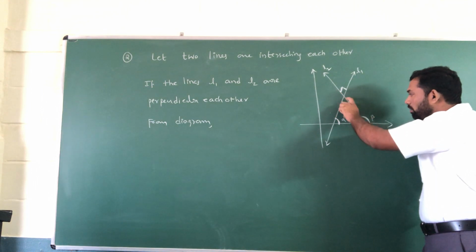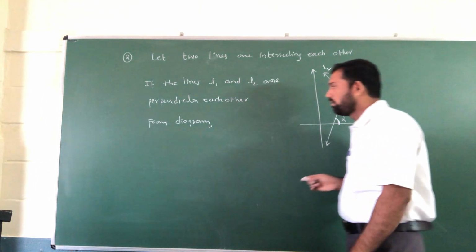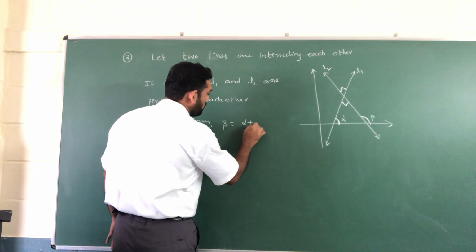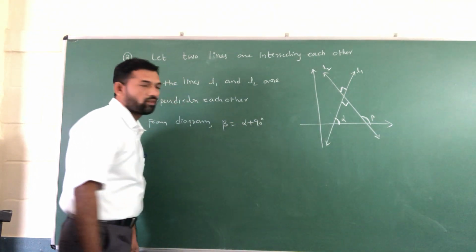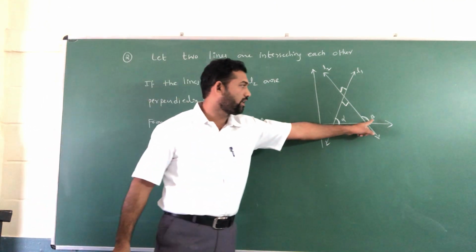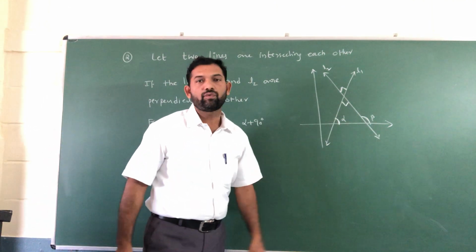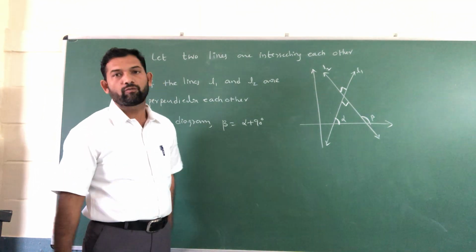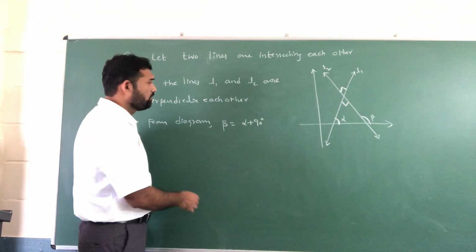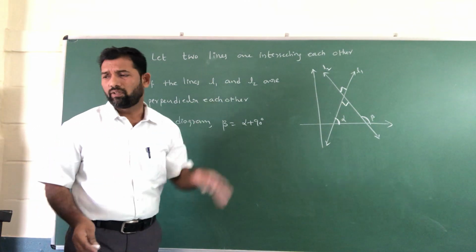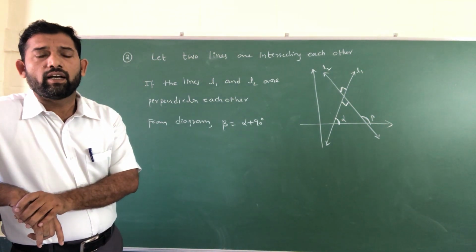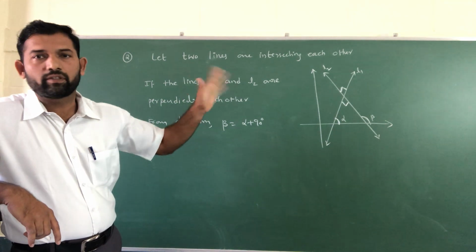From the diagram, beta is equal to alpha plus 90. Same as the previous one: L1 makes angle alpha, L2 makes angle beta. That procedure is as it is.